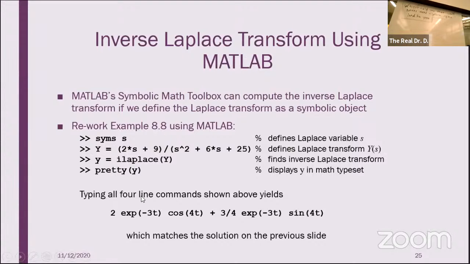This is a nice way that we can check our inverse Laplace transforms. So ilaplace. Right, look, that's the same answer we just got when we did it by hand. So great success, everybody.